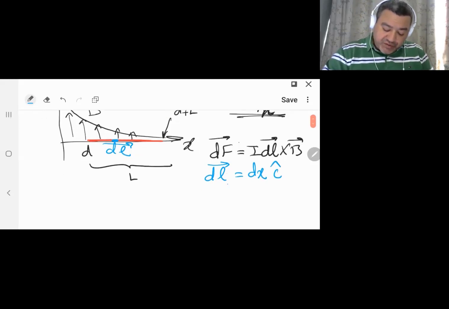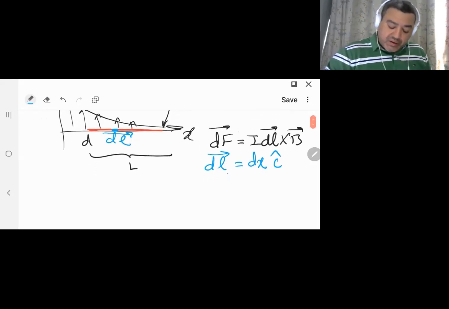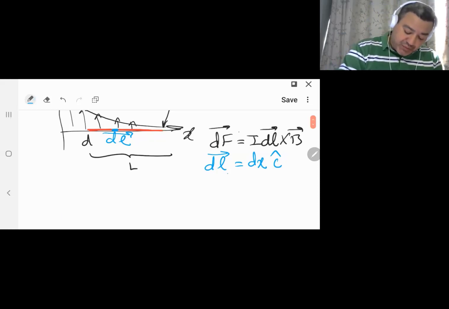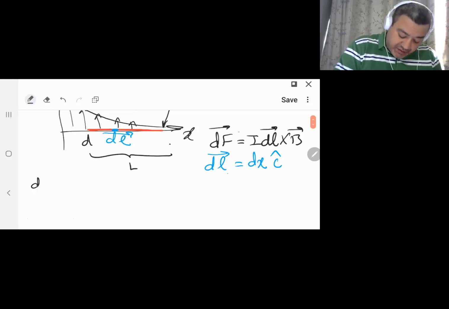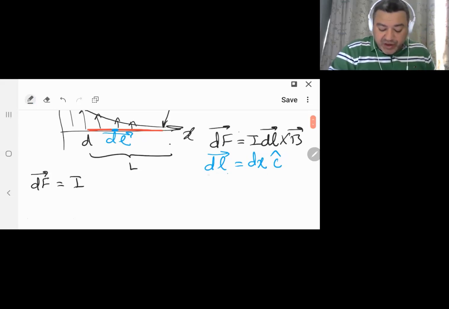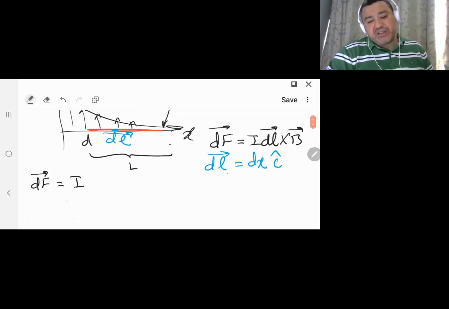This is the most important parameter that you need to define correctly. The rest is only the cross product with the magnetic field that has been given to you. So if I put things together, my dF will be I, and again I'm taking the direction of the coordinate as my positive direction, and I let my current decide on my actual direction.